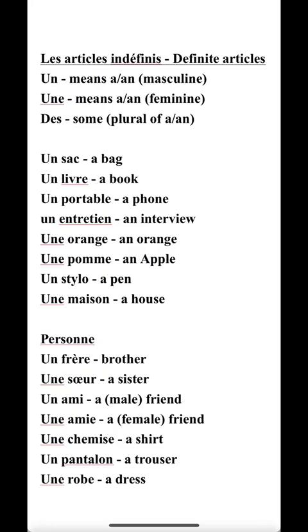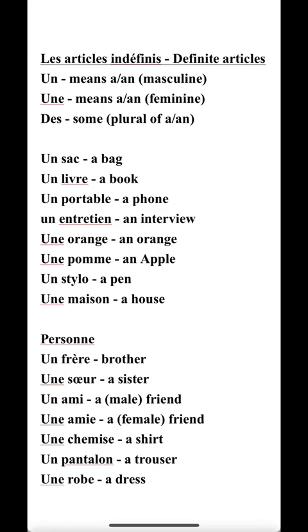So if you want to say a boy, you actually say un garçon. Un garçon. And if you want to say a girl in French, you say une fille. Une fille. So we know that un is used for every masculine word that is singular, and une is used for every feminine word that is singular, while des is their plural form.